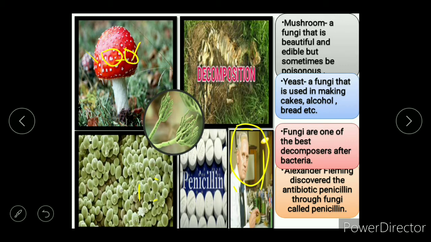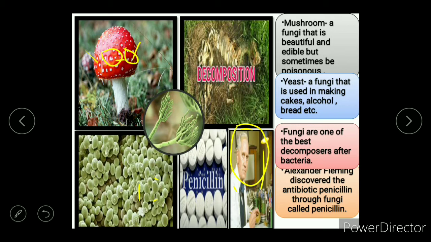He made an antibiotic from a fungus and named it after the fungus. The fungus's name was penicillium, whereas the antibiotic's name was penicillin. It was the first antibiotic ever discovered.